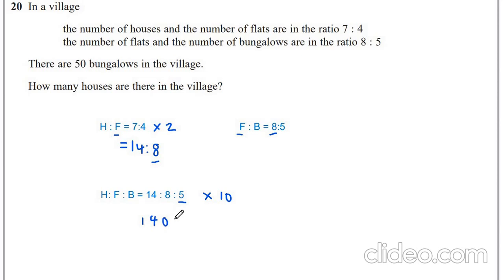So the ratio changes to 140/80/50, which means there are 140 houses in the village.